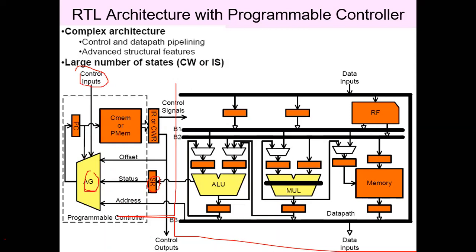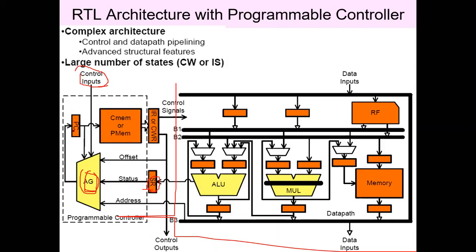Okay, here in the case of a programmable controller, we have an address generator which generates the address of the next instruction to be executed, from the corresponding control inputs as well as the status signals. Basically what happens here is, instead of input logic we have an address generator, and this address generator will be generating the address of the next instruction to be executed.